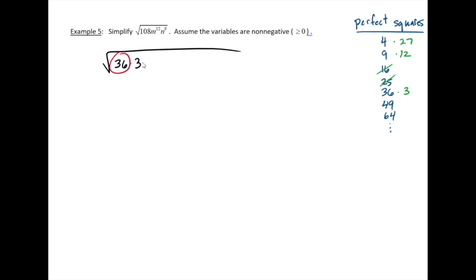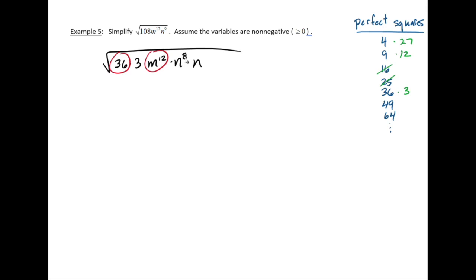Now for the variables, remember, if the variable has an exponent that's a multiple of 2, then it's a perfect square. So we don't have to do anything to m to the 12th. M to the 12th power is a perfect square. N to the 9th power is not a perfect square because the exponent is not a multiple of 2. So we will factor out one factor of n.